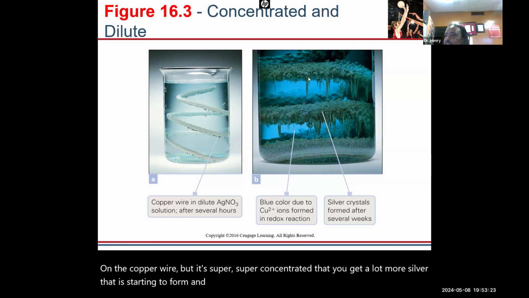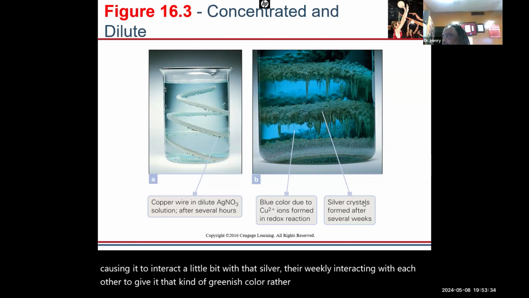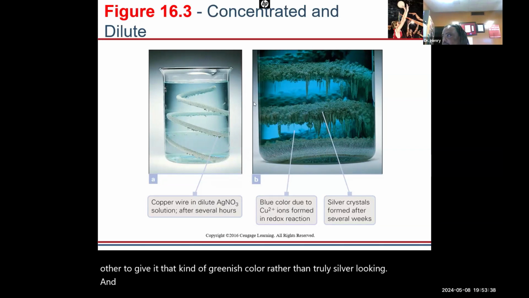And then some of the copper ions are weakly interacting with that silver to give it that kind of greenish color rather than truly silver looking. And so this is an example of a diluted and then a concentrated solution.